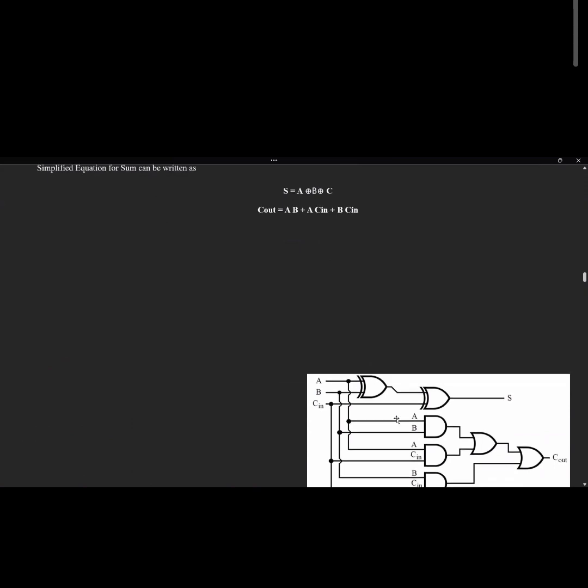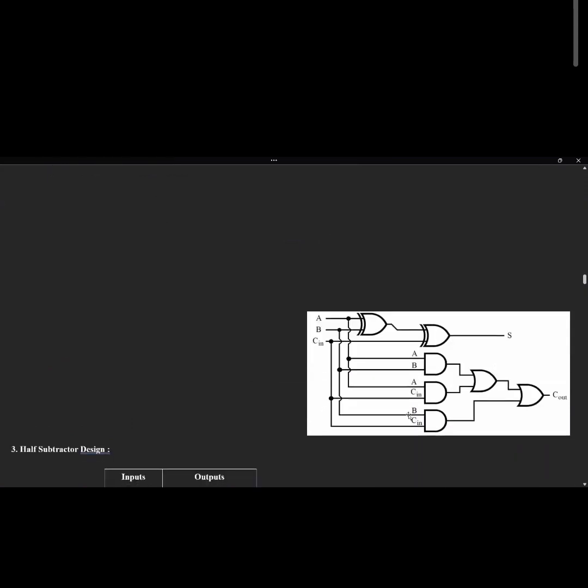Next is A carry in, another AND gate. Next is B carry in, another AND gate. The outputs of these AND gates are inputs to the OR gates, and like this we get carry out as output.